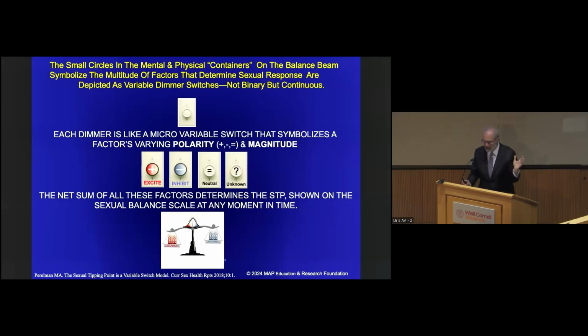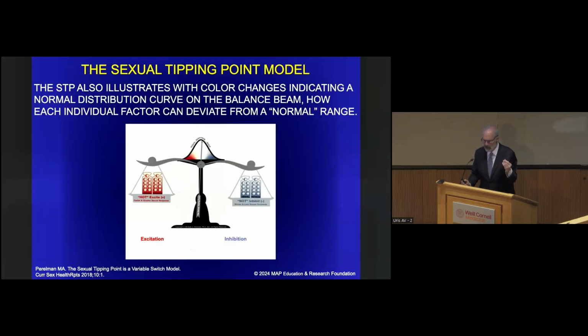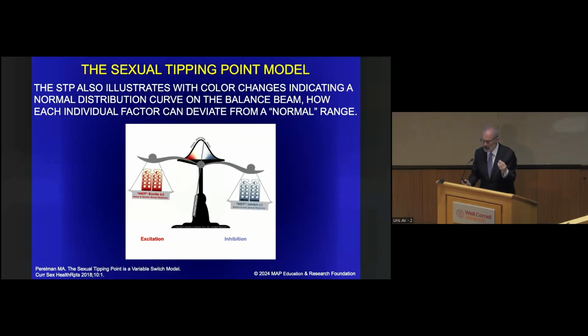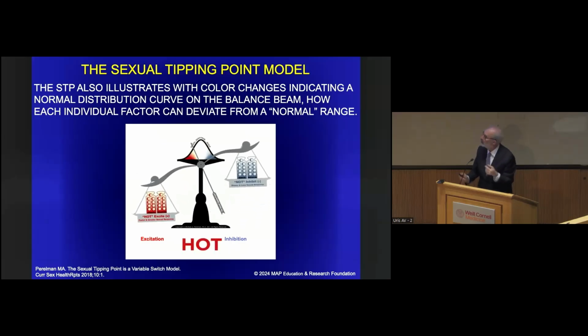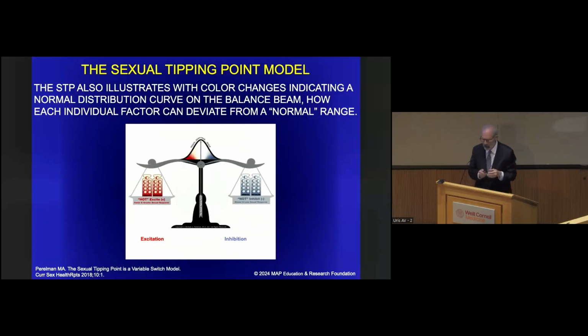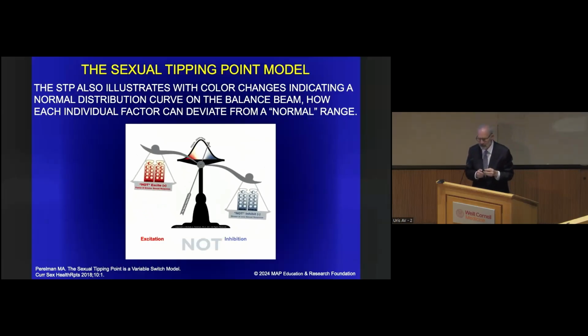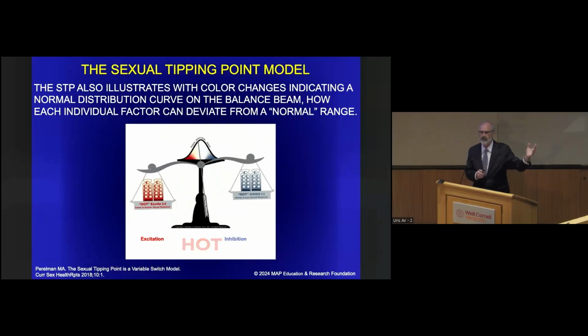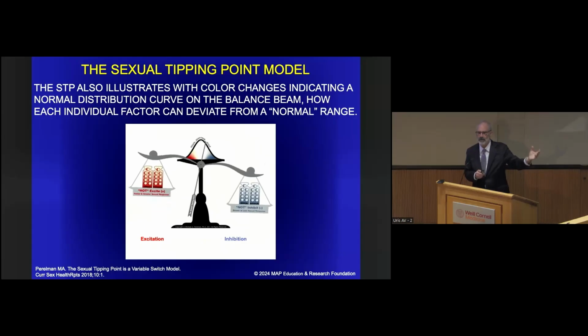The net sum of all these factors determine the STP, and it's shown on the sexual balance beam, again, at any moment in time. It also illustrates with color changes a normal distribution curve. So if you look at the backboard of that balance beam, you see I've put on it a normal distribution curve. So, 2 standard deviations away, it's like red, they're excited, they're turned on.